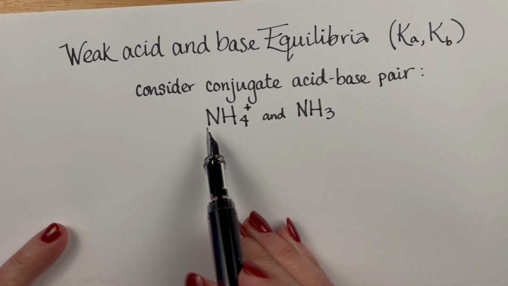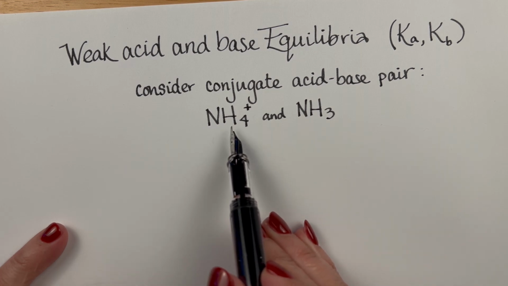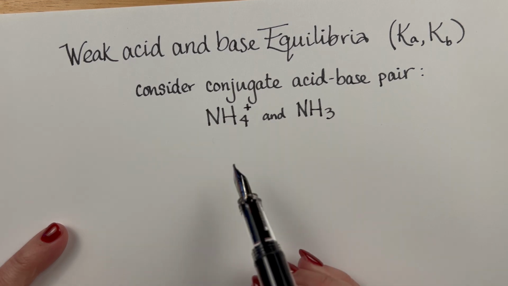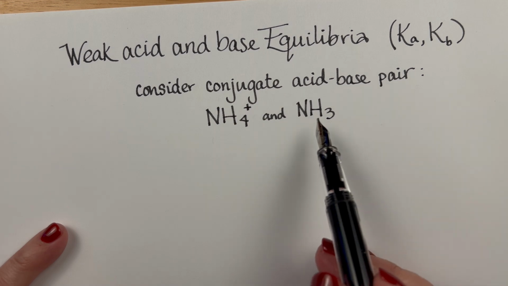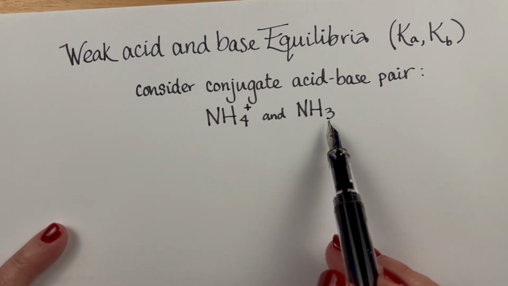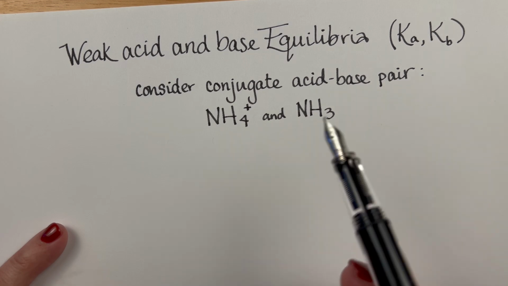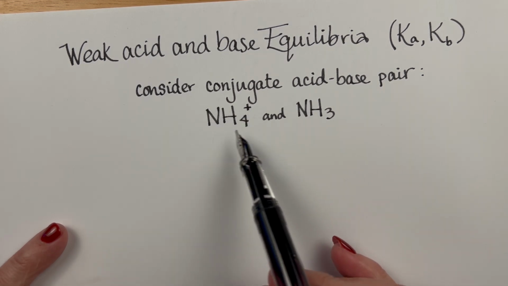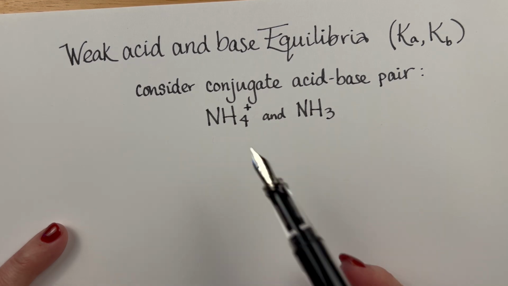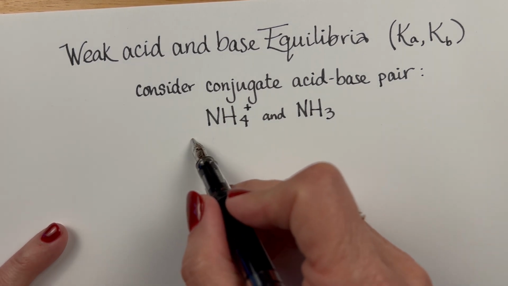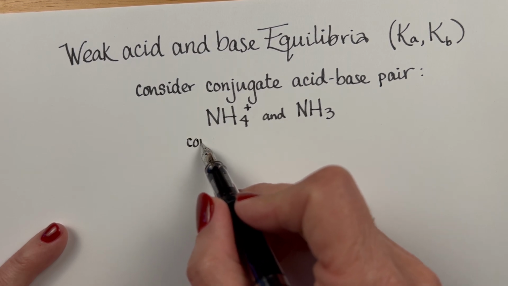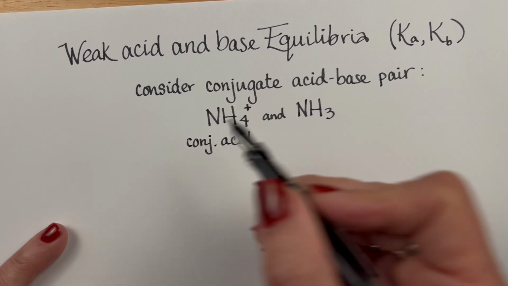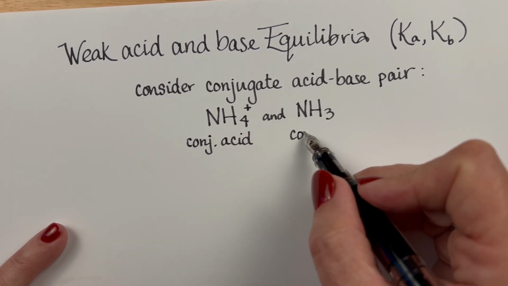This species here has an additional hydrogen and a positive charge. Essentially, if you took NH3, which is ammonia, and you added hydrogen ion H plus to it, you would get ammonium here. So this is the conjugate acid, and this is the conjugate base.